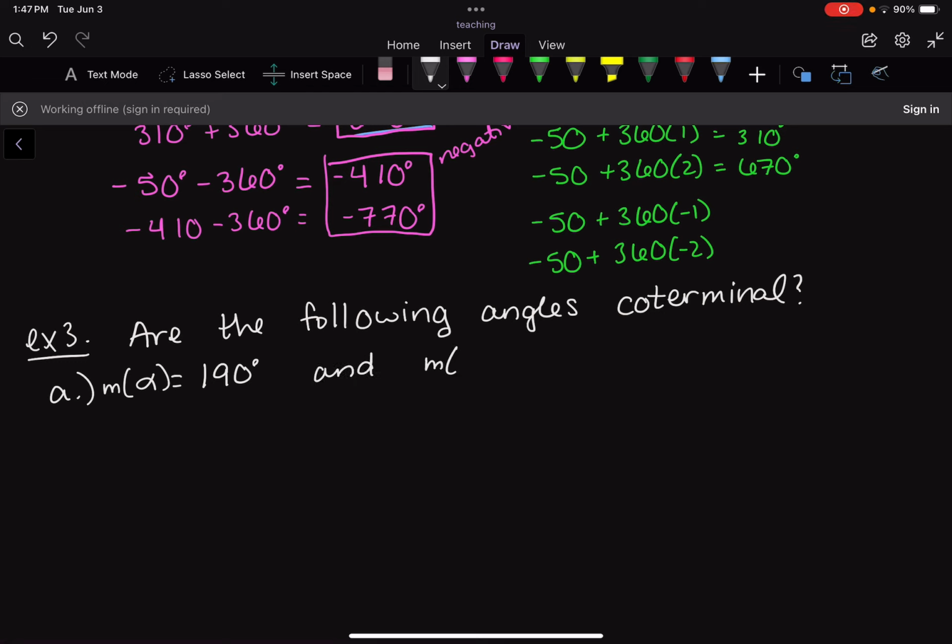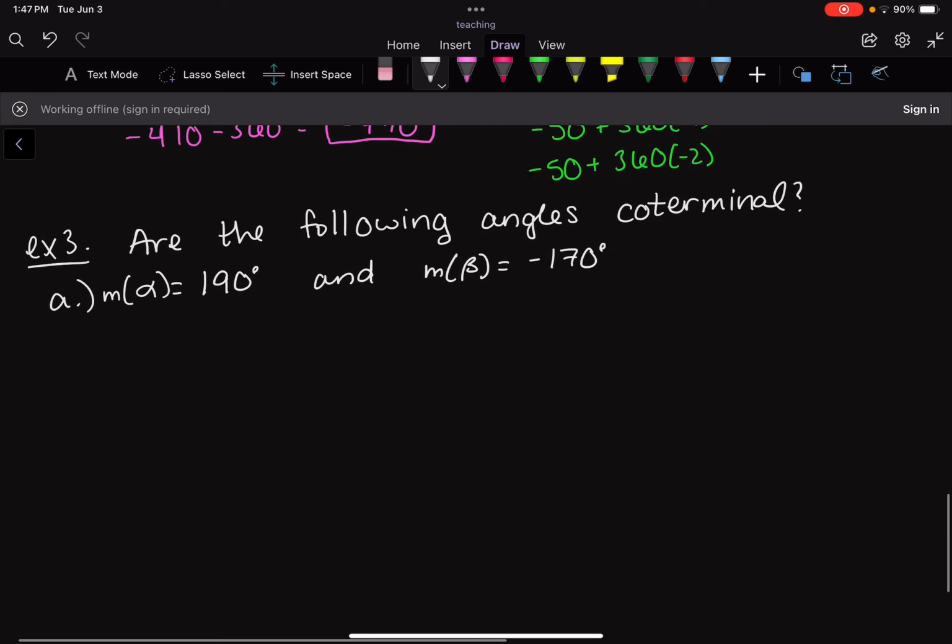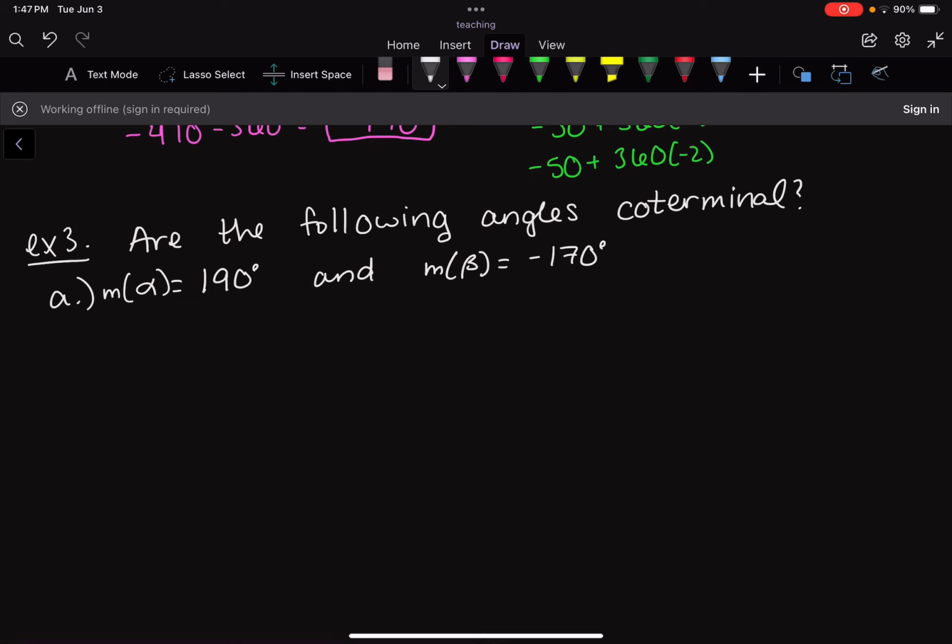And let's say measure of beta is negative 170 degrees. I'll leave some space. Part B, I'll do measure of alpha equals 150 and measure of beta equals 880.